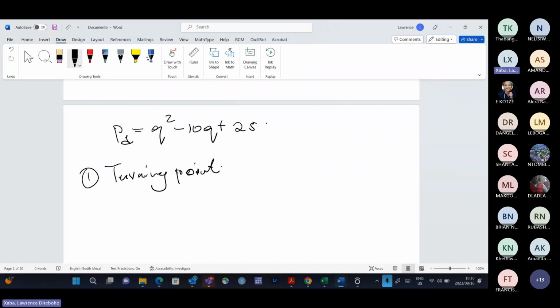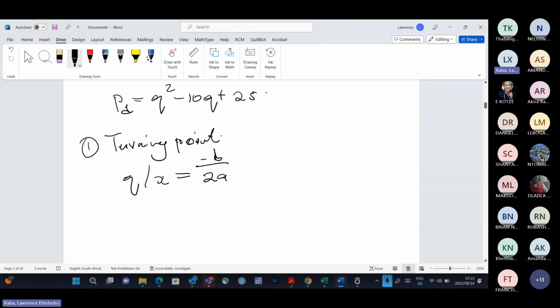And I believe you still remember the equation of turning point because we've used it so many times in our previous class, where we say Q, originally it used to be X, but in this case, in economic sense, we use Q, which is for quantity. Q equals minus B over 2A. So here we're trying to find our turning point.